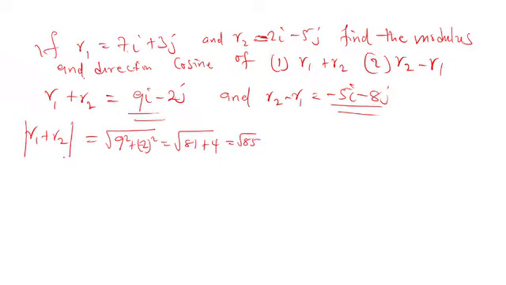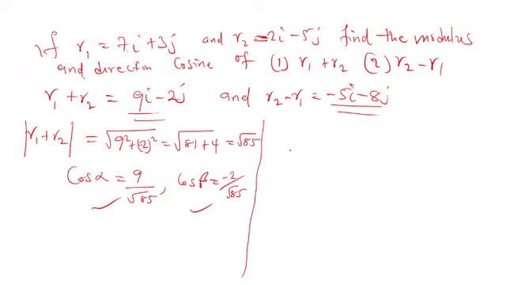Now when we talk about the direction cosine, cos alpha is equal to 9 over root 85, and cos beta is equal to minus 2 over root 85. This is the direction cosine of this vector. We are done with this.